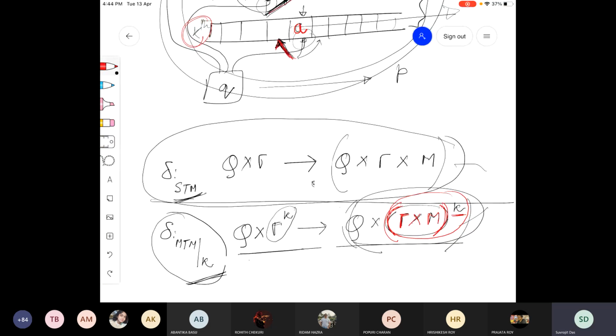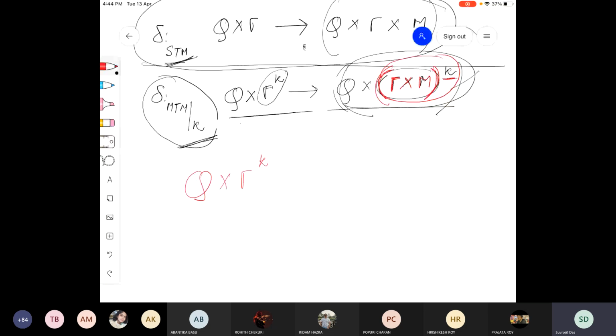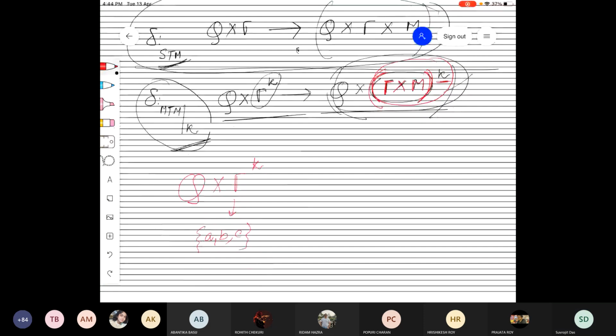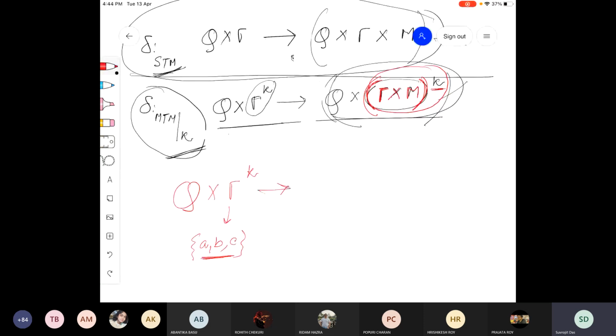So if I write something like q cross tau to the power k, that means I have a vector of symbols a, b, c that I started with. For example, if k is 3 tapes, the symbols were a, b, and c. So this is a vector, and then you change state, that should also belong to Q.